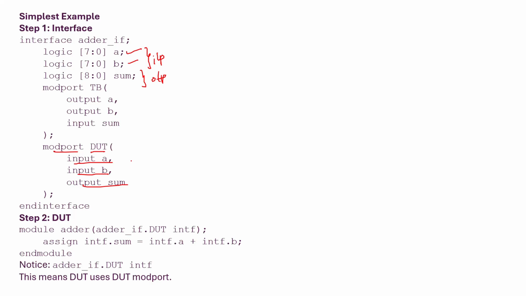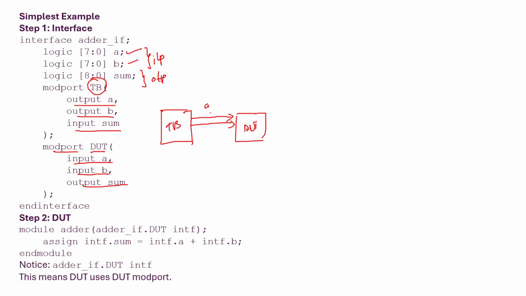But in the driver, we can reverse the direction. The driver is also there in the TB only. So in TB, output A, output B, input sum, because this is the direction. This is your TB and this is your DUT, and to the DUT we are driving the input signals.